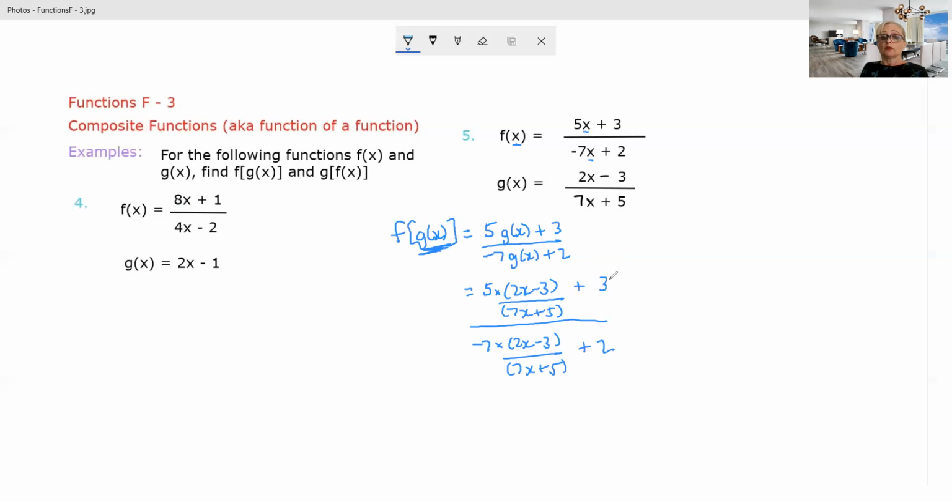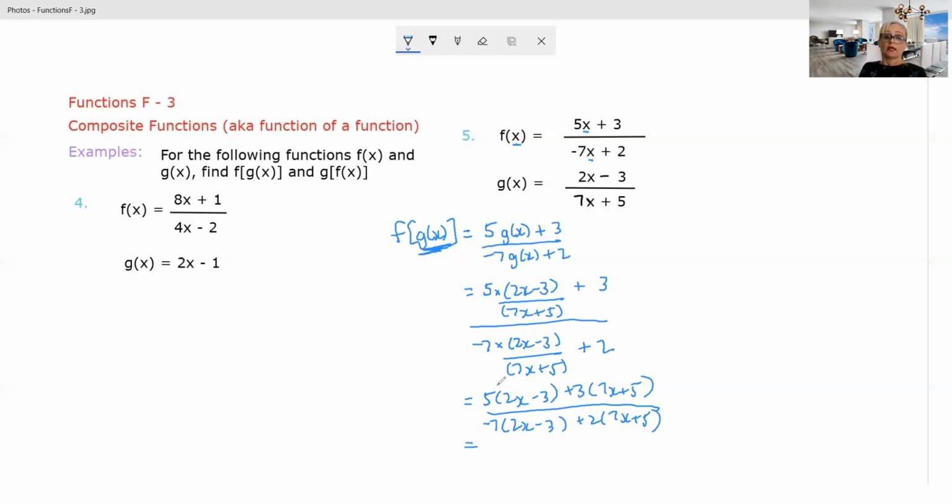Well, I'm going to put this over our 7x plus 5, that as well, and then get rid of our 7x plus 5. So we're going to end up with 5 lots of 2x minus 3 plus 3, 7x plus 5, all over. The 7x plus 5s will cancel, and you'll be left with negative 7 times 2x minus 3 plus 2, 7x plus 5.